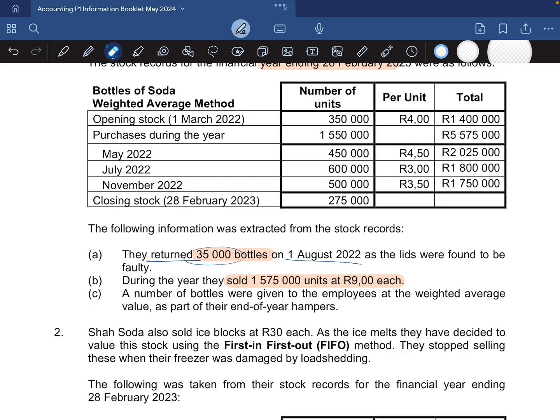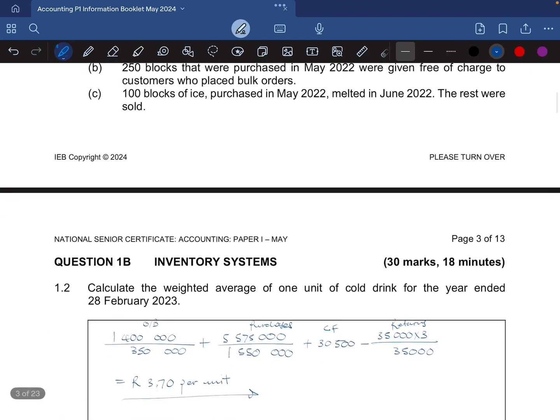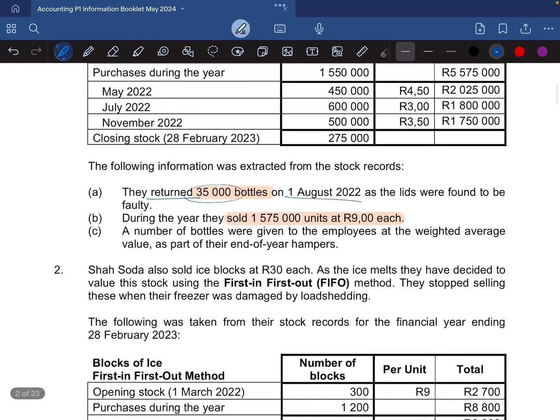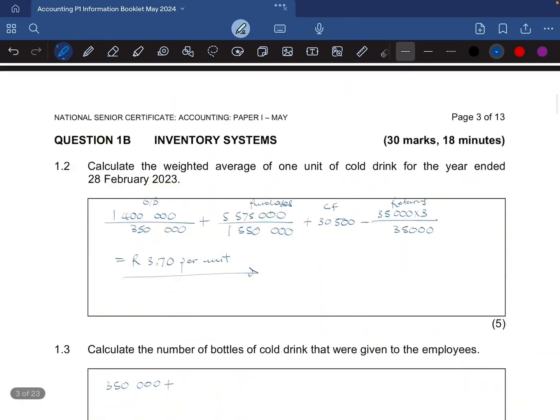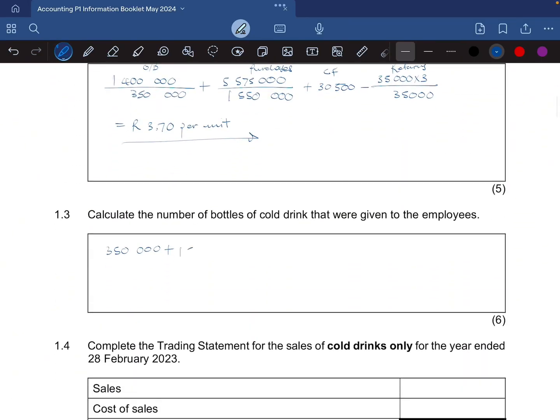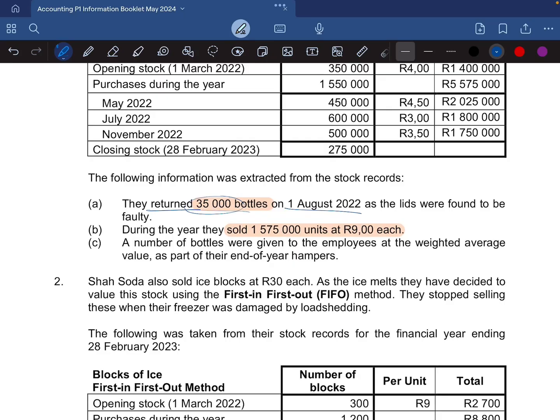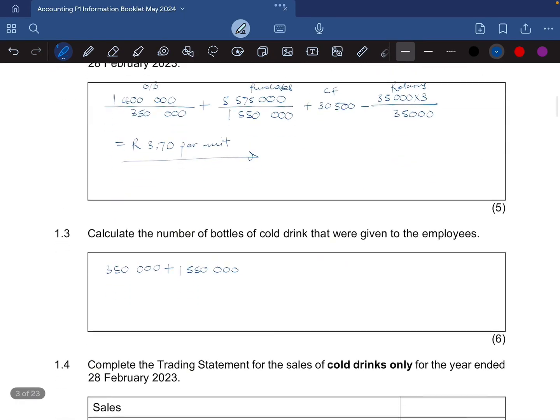Right, so we've had opening stock of 350,000, plus purchases that were made, 1,550,000 bottles, and then we returned 35,000 bottles, minus 35,000 bottles that were returned.